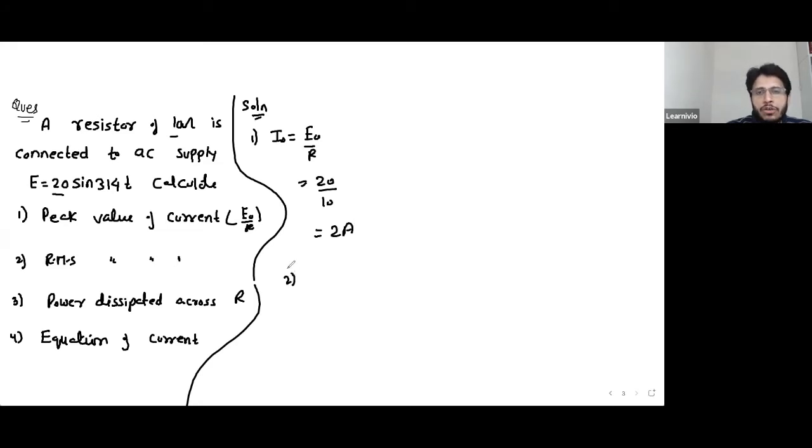Afroza, if you have the peak value of current, how do you calculate the RMS? Just check the notes of the last lecture. We have done plenty of numericals on this. You need not integrate. We derived directly that IRMS is I naught by root 2. Clear?